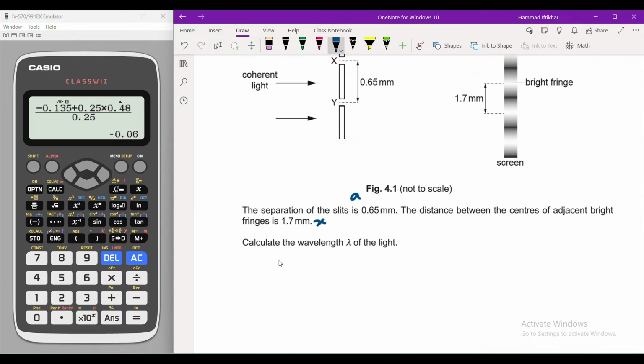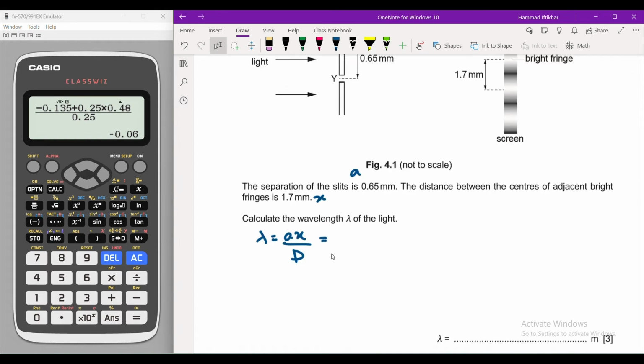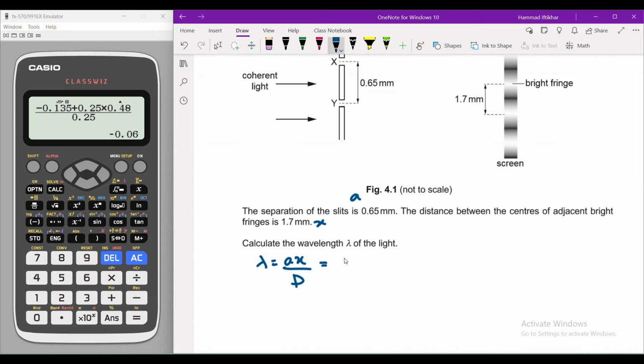So we know the formula. Lambda is equal to AX over D. So we have to convert them into meters. So A is 0.65 times 10 raised to power minus 3. X is 1.7 times 10 raised to power minus 3, divided by 1.9.